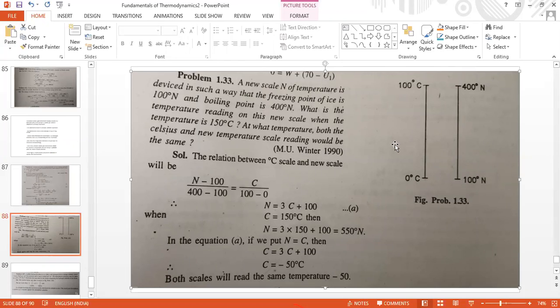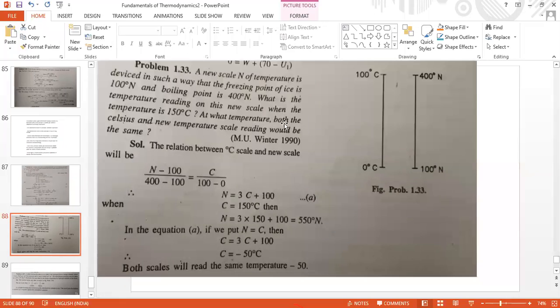So (100 minus 0) divided by (400 minus 100) is equal to (C minus 0) divided by (N minus 100). If this formula is understood, or if you can establish this type of formula from the given statement of the problem, then the solution will be very easy.